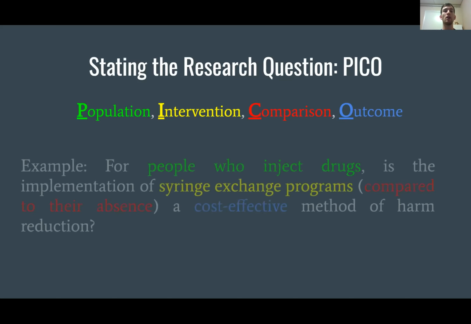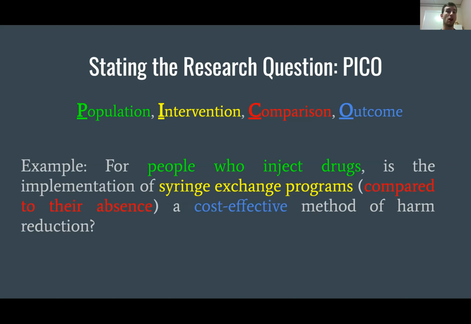An example of a research question stated in this format, which is the one we use for our systematic review: for people who inject drugs, which is our population, is the implementation of syringe exchange programs, our intervention, compared to their absence, our comparison, a cost-effective method of harm reduction? And cost effectiveness is the outcome we're measuring.